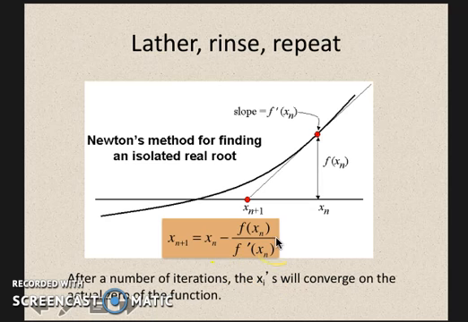So you don't have to go through the whole calculation again and again until you reach the actual value. Your calculator does most of the work for you. The important thing here is to find the derivative of the function.